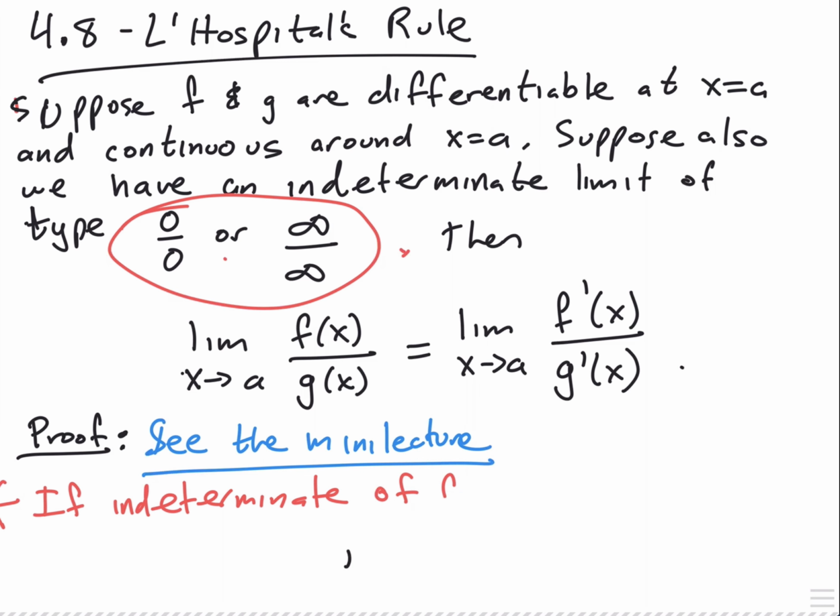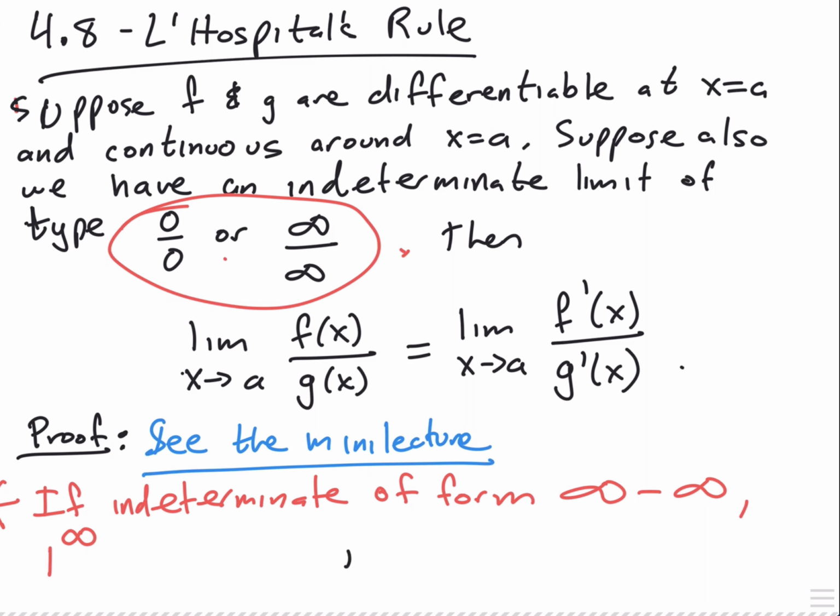of the form, do you remember some of the other indeterminate forms? Infinity minus infinity. That would be 0. We had 1 to the infinity. This is one that we'll see a lot. 0 over 0, infinity minus infinity, 1 to the infinity.